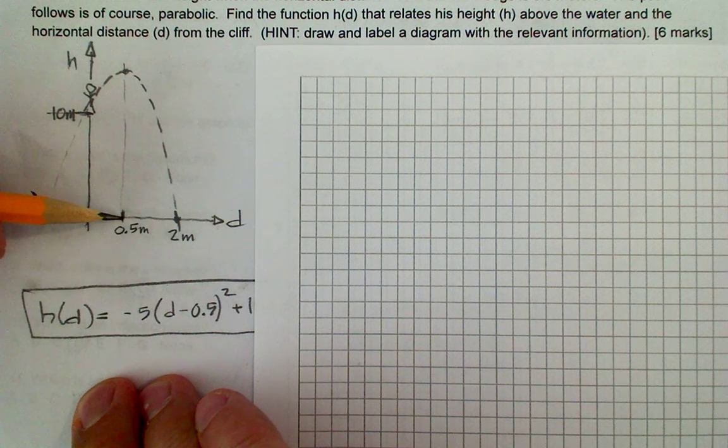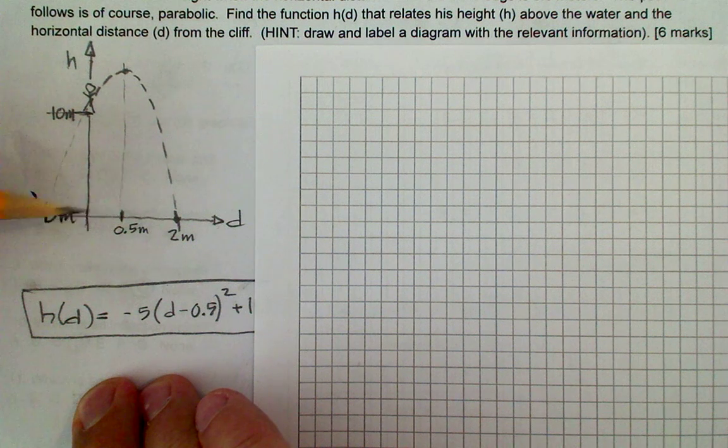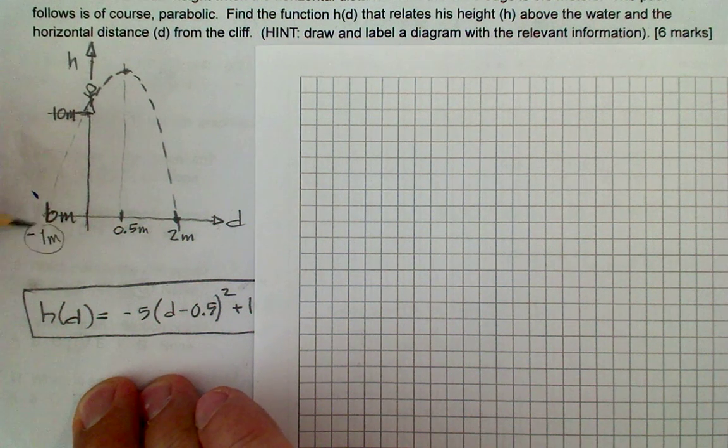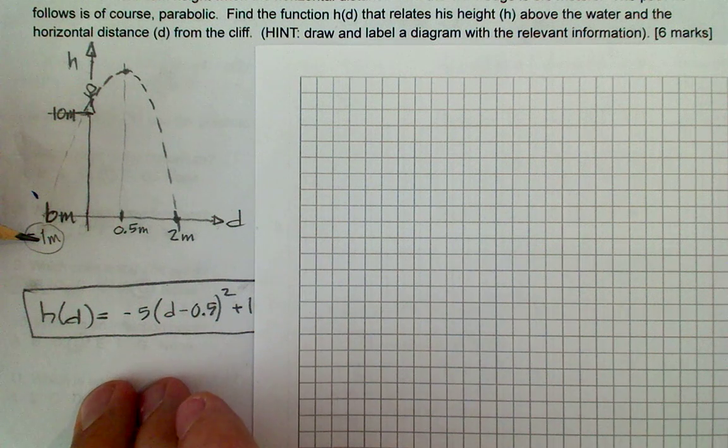So if I went from the vertex up 1.5 to get to 2, then if I go from the vertex down 1.5, I'm going to get to -1 meters. Now, of course, he's never going to achieve -1 meter distance from the base of the cliff, but we can use this to construct our parabola.